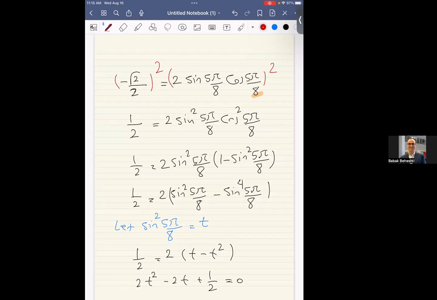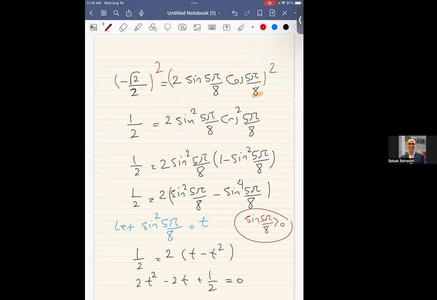So sine of 5 pi over 8 is positive. So you find t, and then you sub it to the equation for sine, and then you're done. So that is one way. Maybe we can find an easier way.